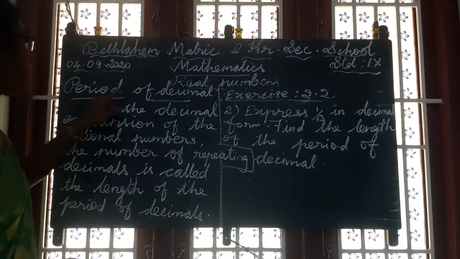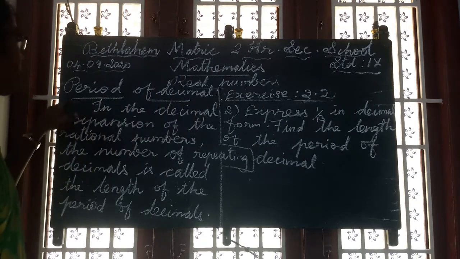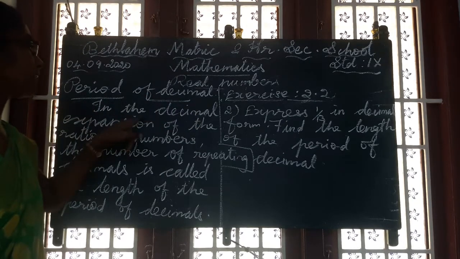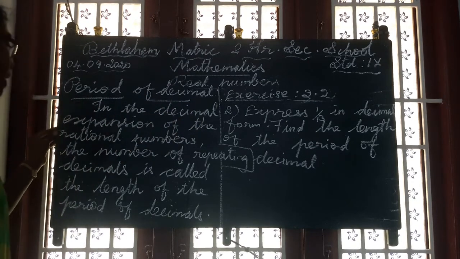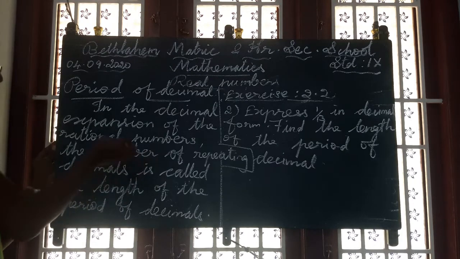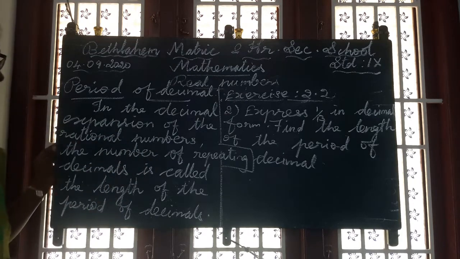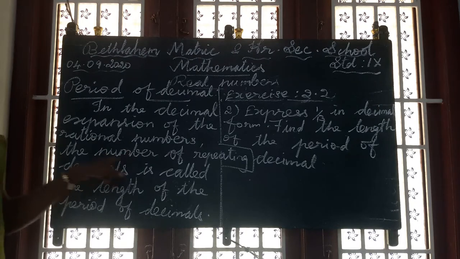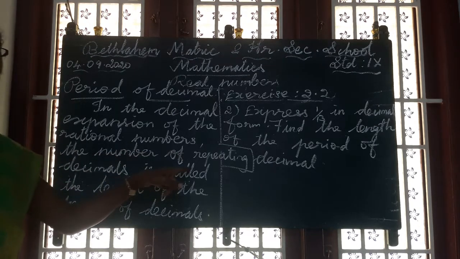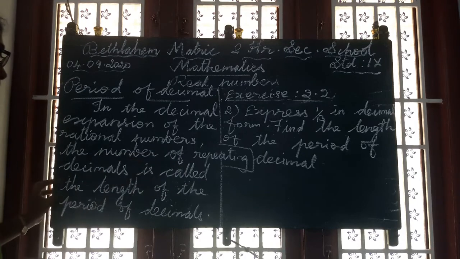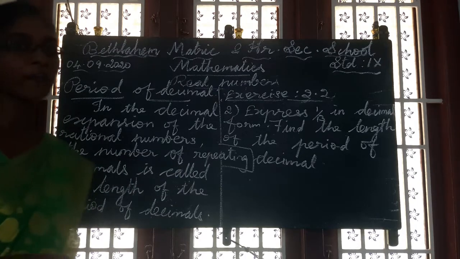This one, period of decimal. In the decimal expansion of rational numbers, the number of repeating digits is called the length of the period of decimals.